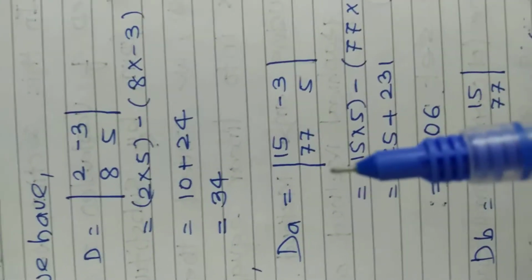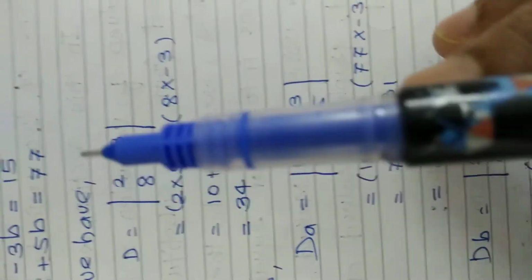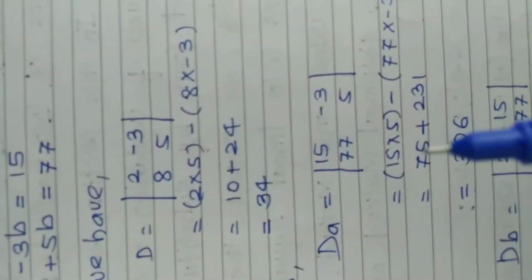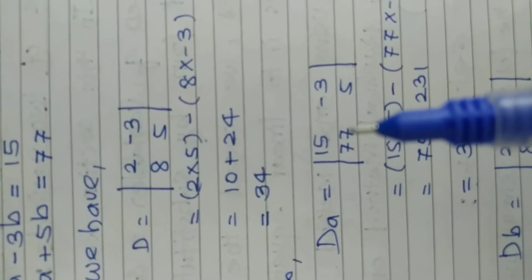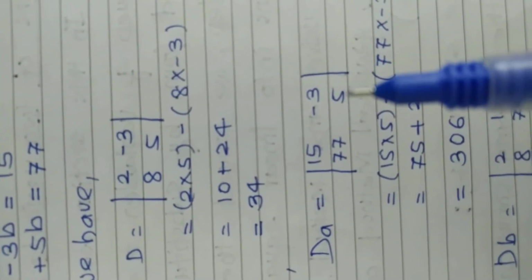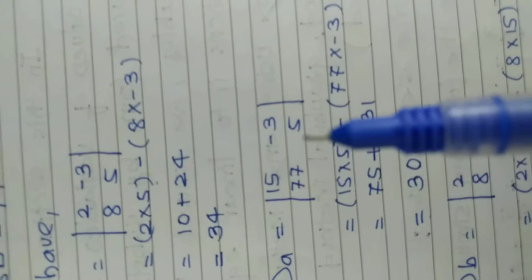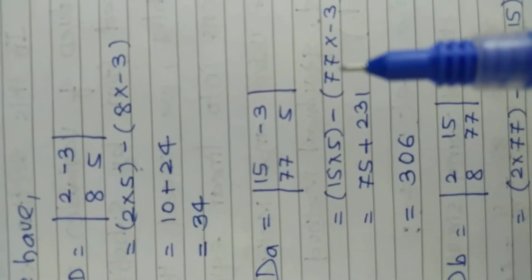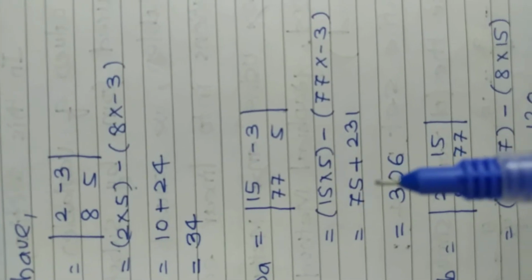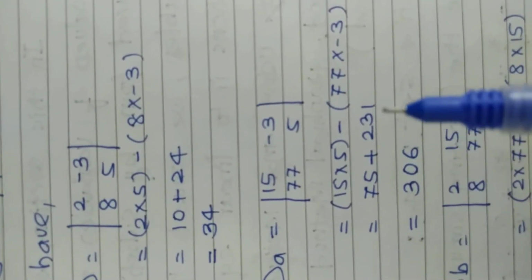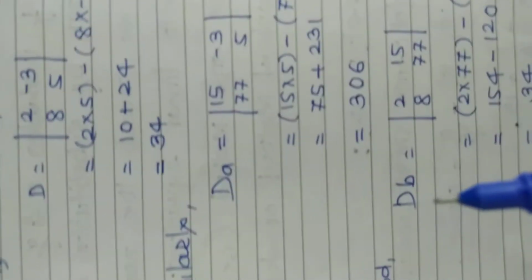Now Da. The coefficient of a we have to replace by means of the constants, 15 and 77. So 15 into 5 minus 77 into minus 3. So 75 plus 231, that is 306.